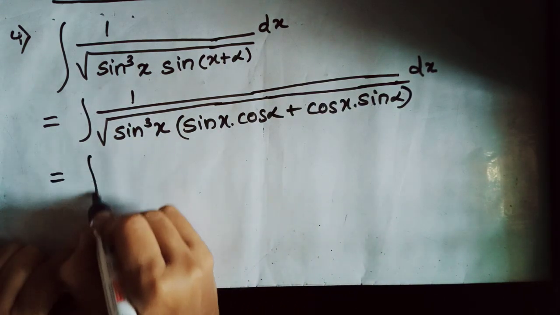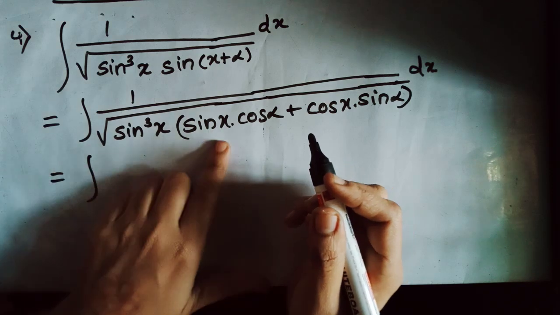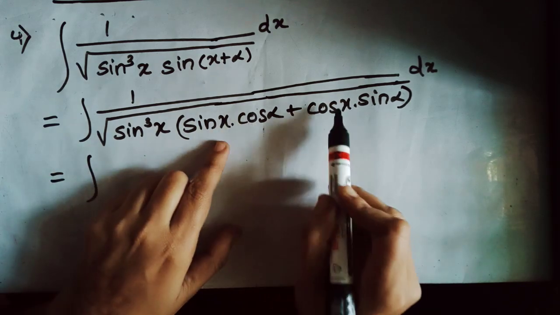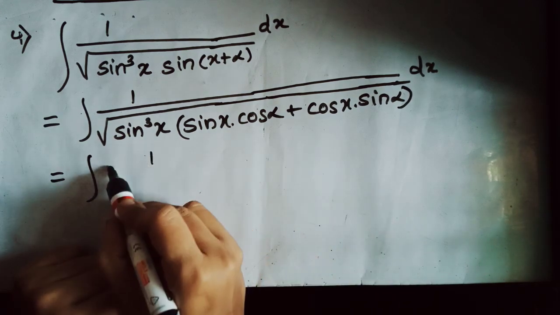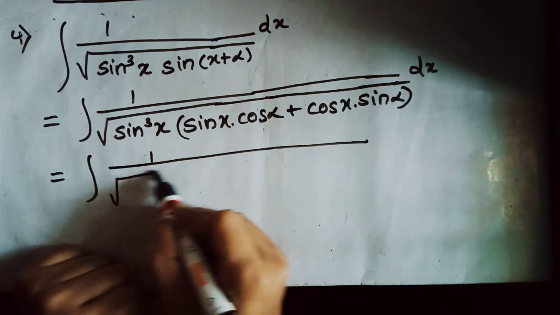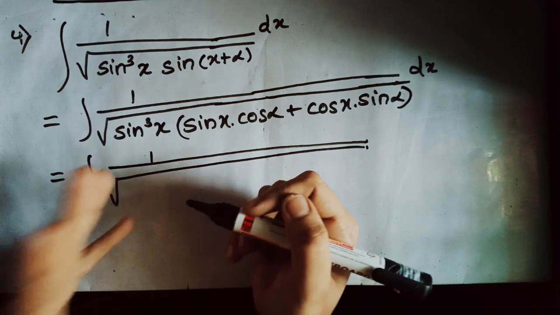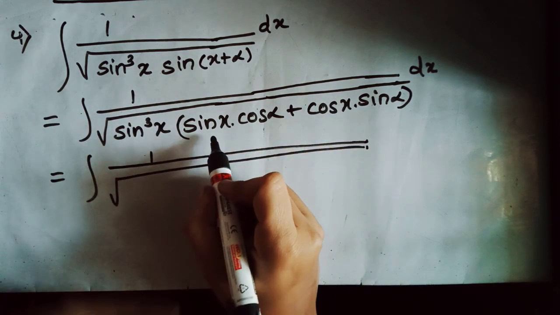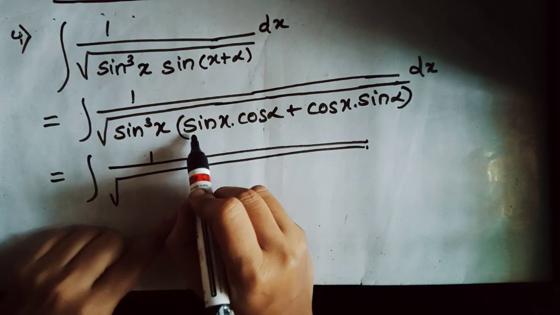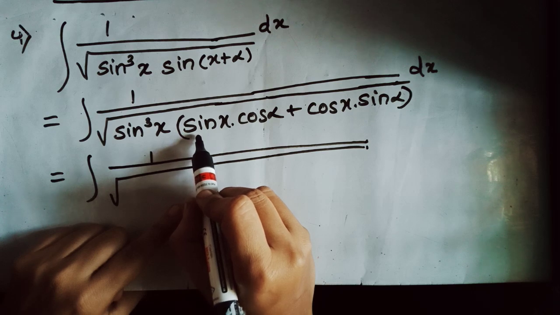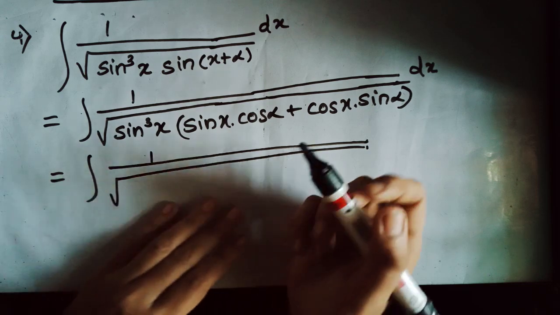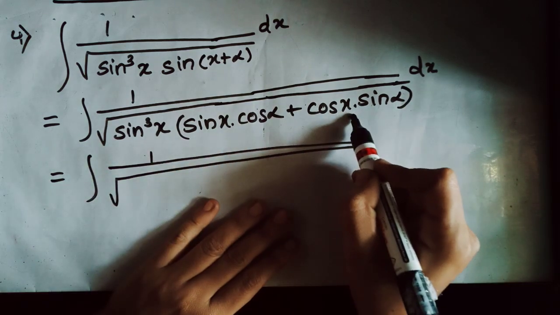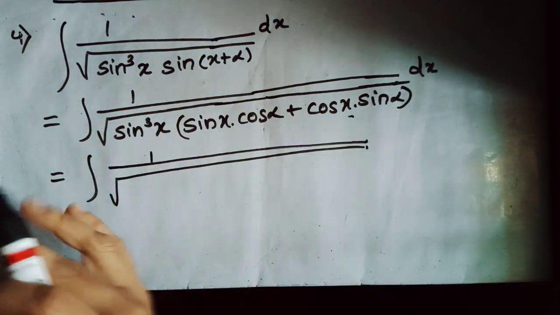Now can you take sin x common from this? Think about it. Yes, you can. How? If I take out sin x from here, so here I need sin to take that sin outside.